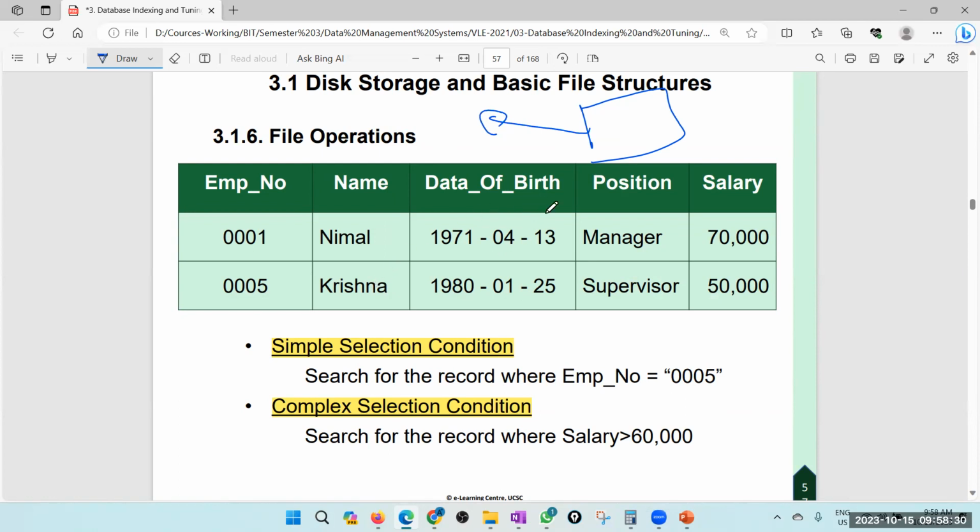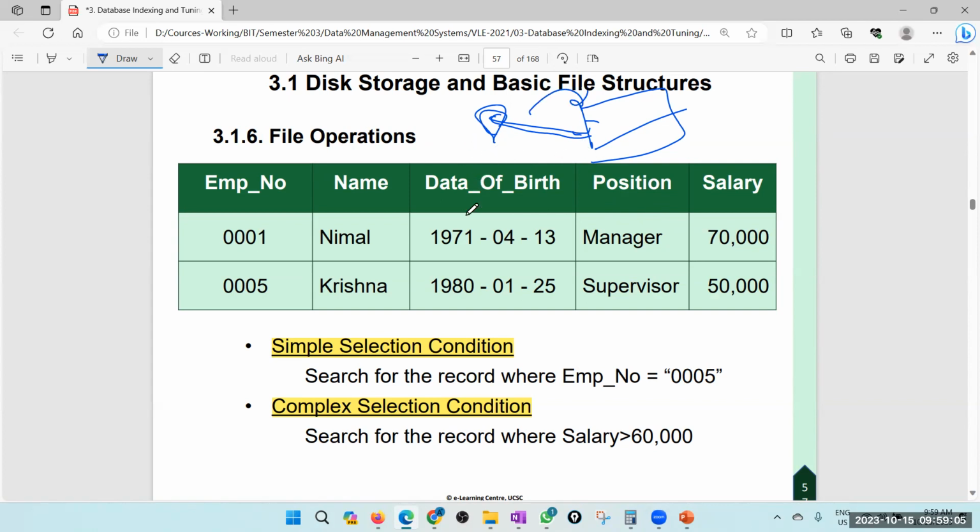And even for update, and usually insert, you need only one block because you can save it in that block. So inserting a record, retrieving one record, and updating one record, where the update is filtering into one record, we need only one block to be loaded to the memory. And of course, if it is insert or delete or update, you have to write it back. And if it is just a select statement, just read it.